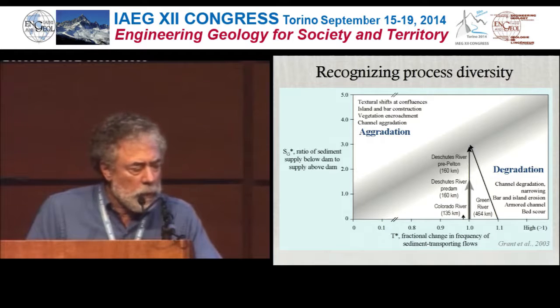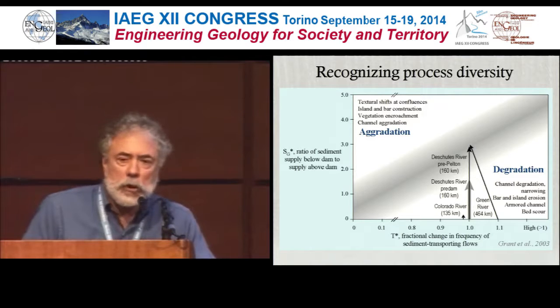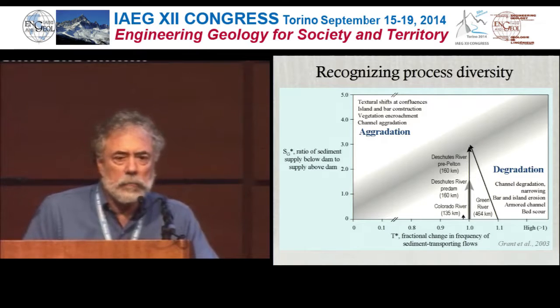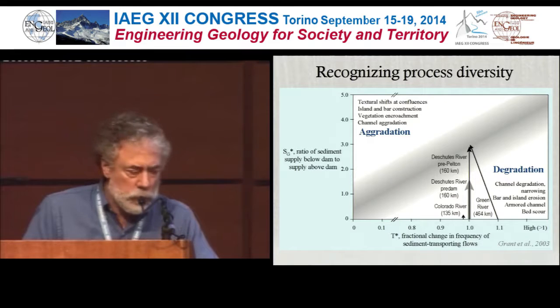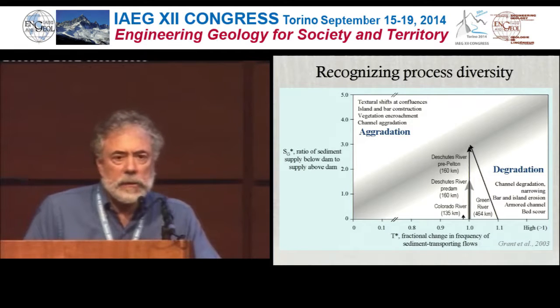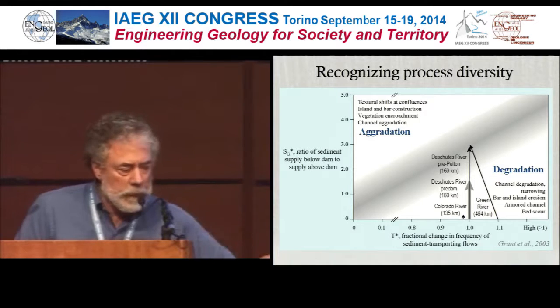And so what we have in the graph are essentially, without going into the details here, two dimensionless numbers that are essentially the relationship between the degree to which the dam has affected the sediment transport capacity of the river, shown on the x-axis, and on the y-axis, the degree to which new sediment is being resupplied to the river downstream of the dam.